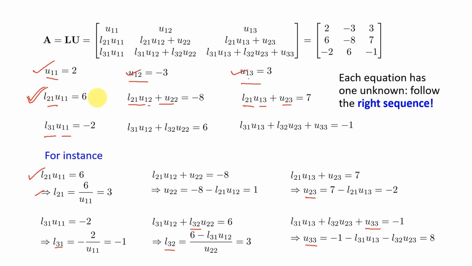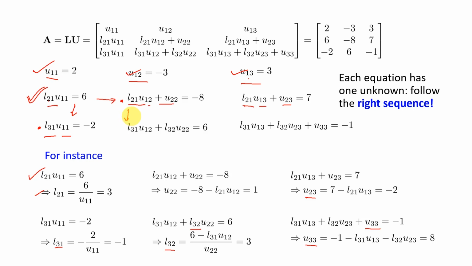You want to go row wise or you want to go column wise. Both are possible. If you go column wise, then you use U11, that known value, and you find L21, then L31 from here. Then you come to row 2, column 2, and find U22 from here.